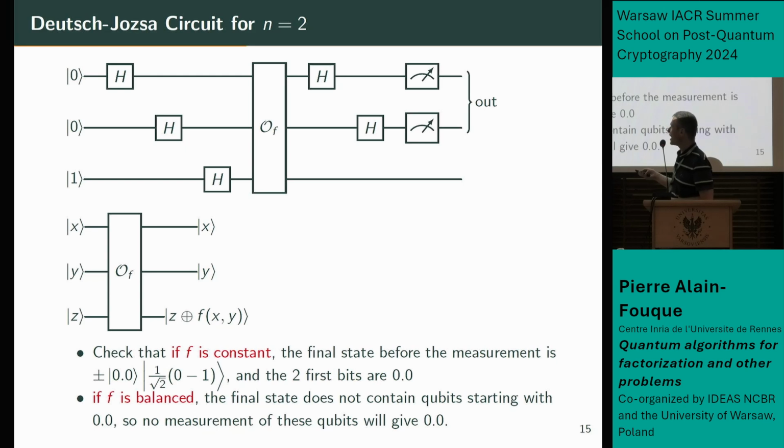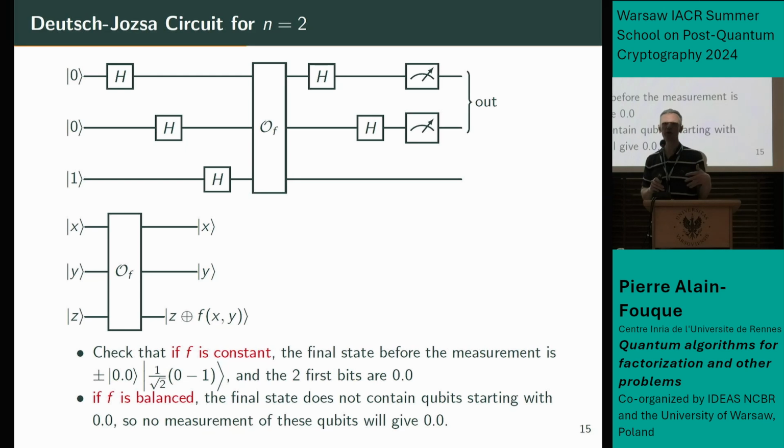Okay? And if you get some other value, so either 01, 10, or 11, you can assume that the function is balanced. Okay? So as I told you, you have the promise that the function is either balanced or constant. Okay?